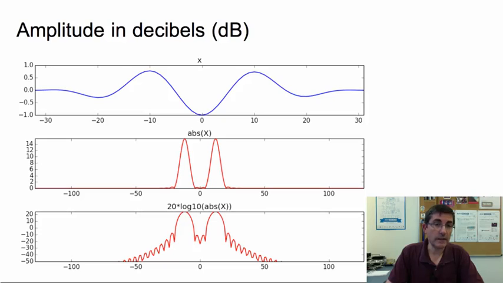So the decibels are defined, as we see here, as 20 times log10 of the absolute value of the signal. So from the original time domain, here we can see the absolute value, the spectrum in a linear representation, and what we are now saying is a more intuitive way to visualize the amplitude in the frequency domain, so using the decibel scale.